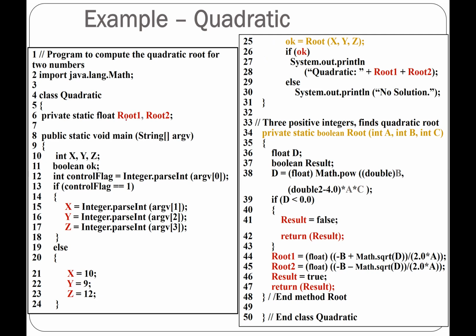We have two shared variables, root 1 and root 2, that are going to be shared amongst the two units. To begin with, we start off by computing x, y, and z over there. Could have been defined last over here, or could have been defined last over there.